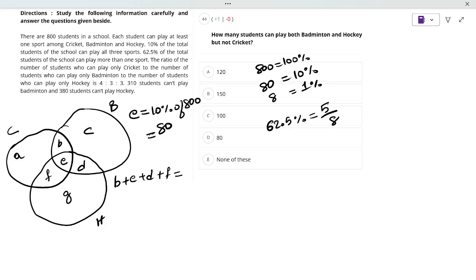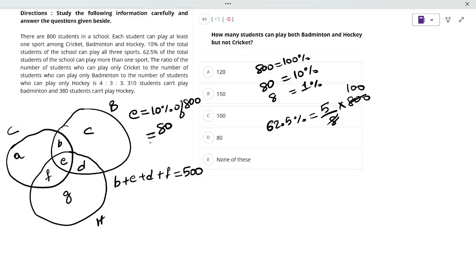If you divide and cancel, 62.5 divided by 100, you will get 5 by 8. So 5 by 8 of the total, that means into 800. 8 1 times, 800, so this will give us 500.